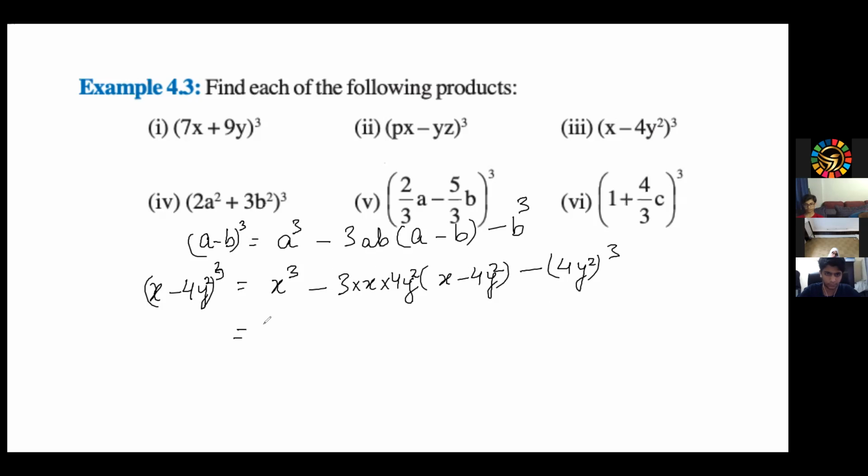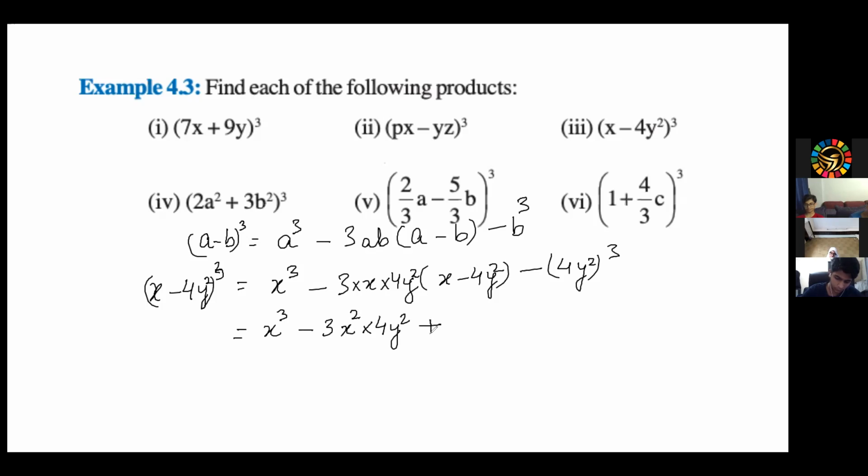Ma'am, x cube minus 3 x square into 4y raised to 4. Square, na? Yes, square.